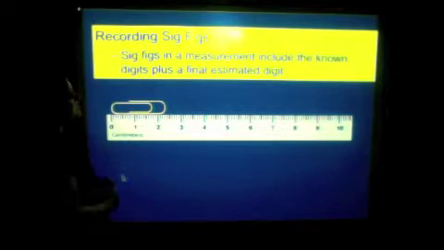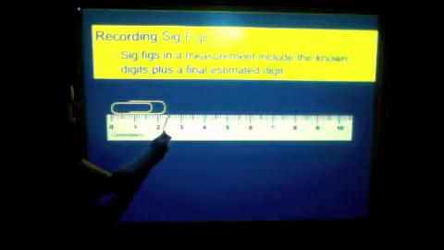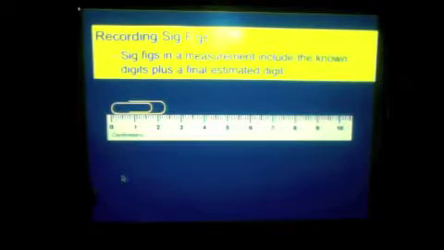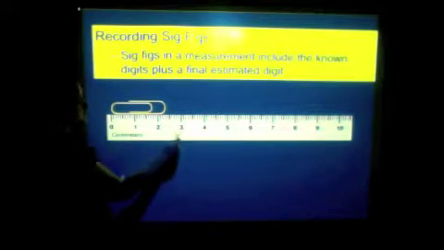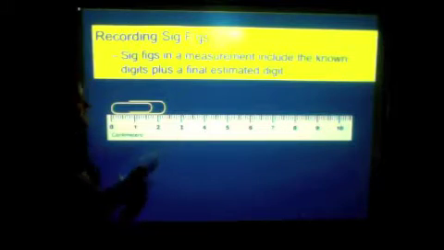Okay? So sig figs in a measurement include the known digits plus 1 final estimated digit. So based on this ruler in this video, everybody should be able to tell that it is at least 2 centimeters because it goes past the 2 centimeter mark. So you know for a fact that it's 2 centimeters. Then the little lines between the 2 and the 3, there are 10 or 9 little lines, so that means they're divided by a tenth.